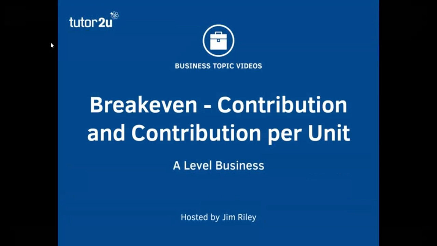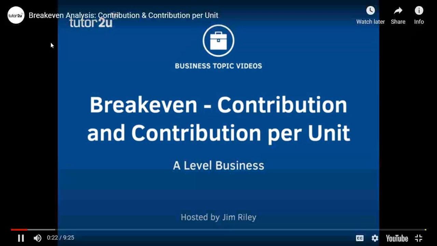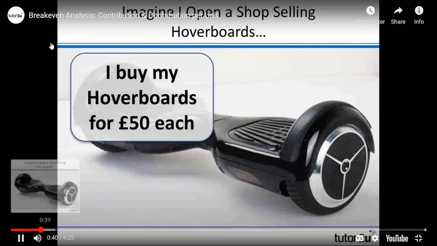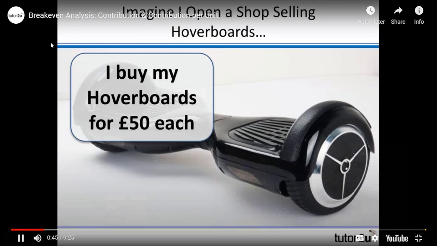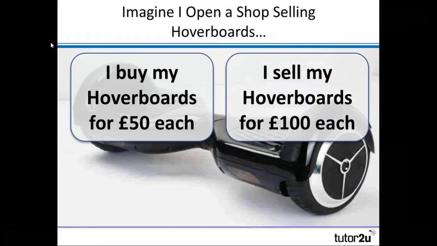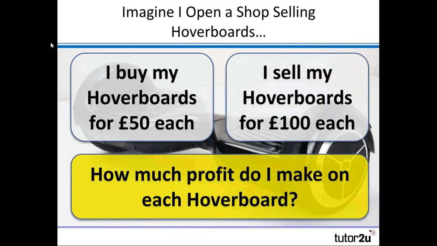In this business topic video, we're going to take a look at really important part of understanding break-even and incredibly valuable when it comes to working out the break-even output. So it's well worth a bit of time. I buy my hoverboards for £50 each from my supplier, and I sell my hoverboard for £100 each.